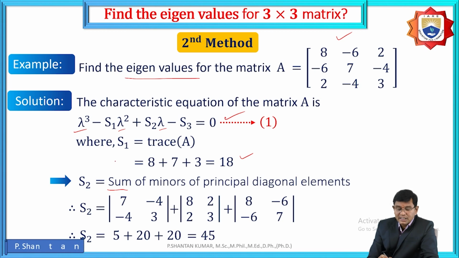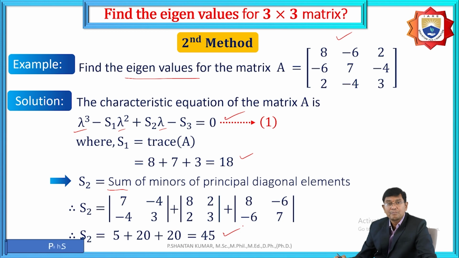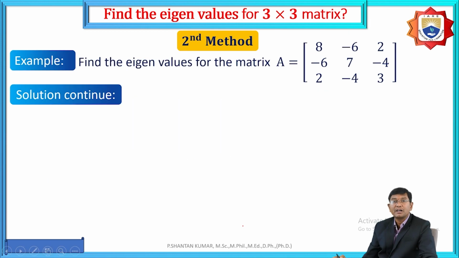That means S1 is done and S2 is also completed. Further, we need to find the S3 value. That S3 is nothing but the determinant of the matrix.